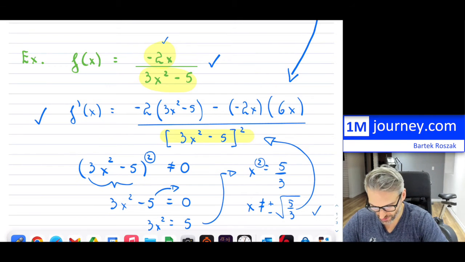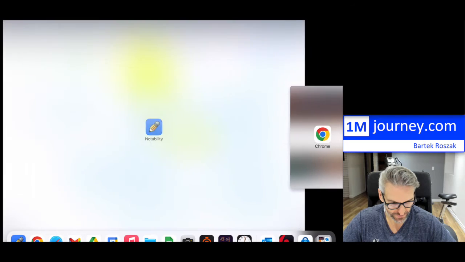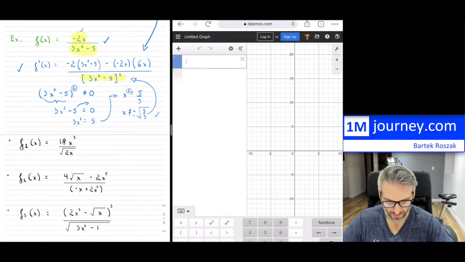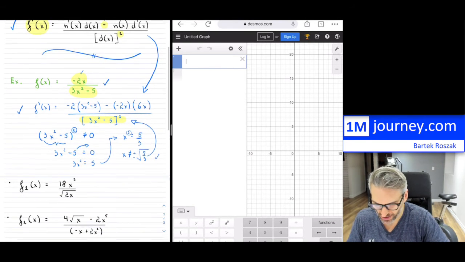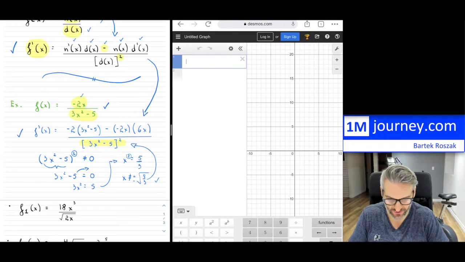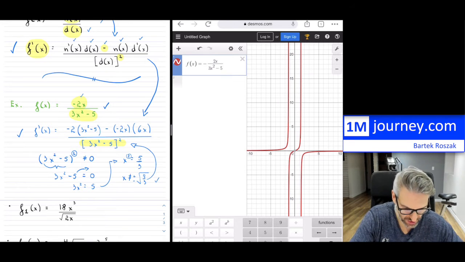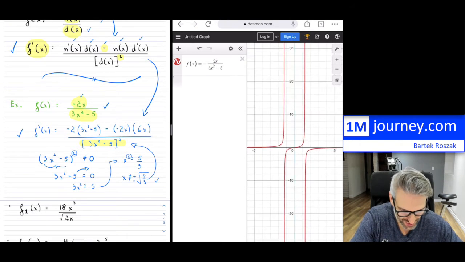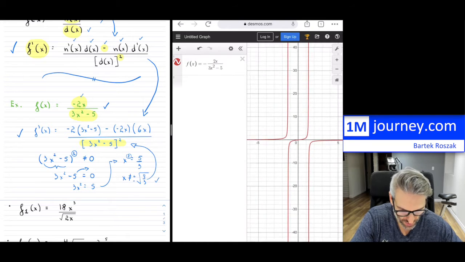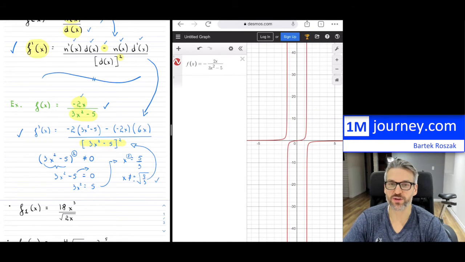So here is Desmos, and let me pop in the actual function itself. So I have f right here. f(x) is equal to negative 2x all over 3x squared minus 5. This looks like a crazy function. Notice that even for this function, it is not defined at those particular points.